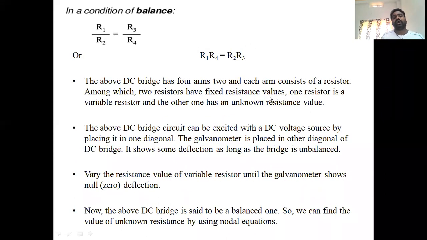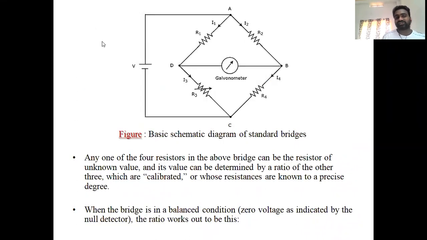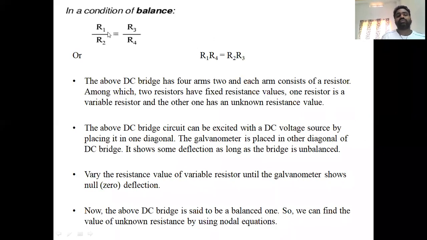The first arm is R1 and the second arm is R2. So R1 divided by R2 is equal to R3 divided by R4. If we cross multiply, the expression is R1 R4 equals R2 R3.